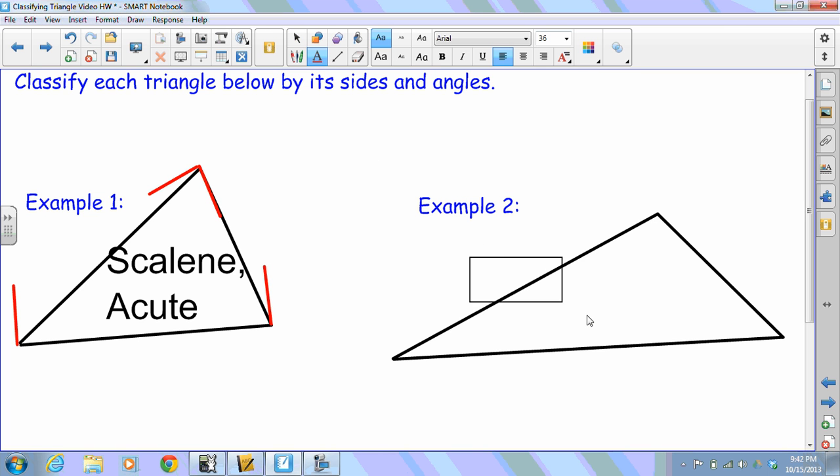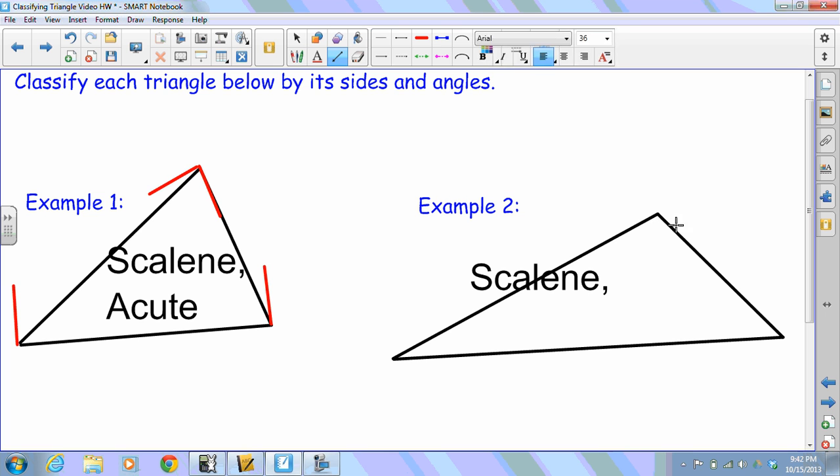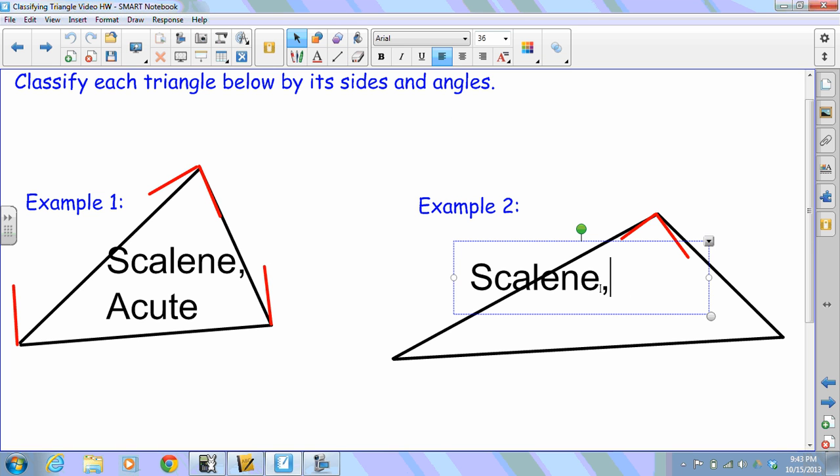None of them are marked congruent, so it's got to be scalene. This time, if you were to come in and draw your lines, if that's my 90-degree angle, then that angle is bigger than 90 degrees. So I have an obtuse angle. Since I have one obtuse angle, this is going to be an obtuse triangle.